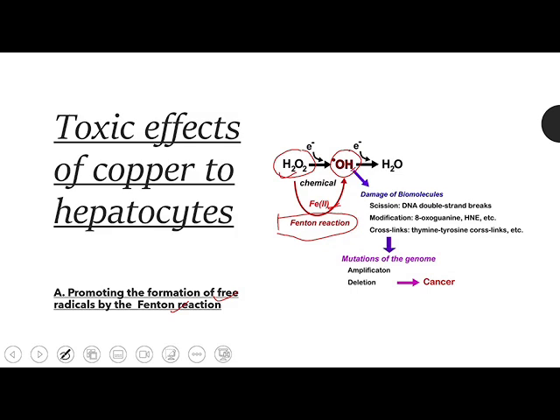And most dangerous is that it may lead to the mutation of the genome, which later on may cause cancer. And this is how it leads to the hazardous effect to our body organs.